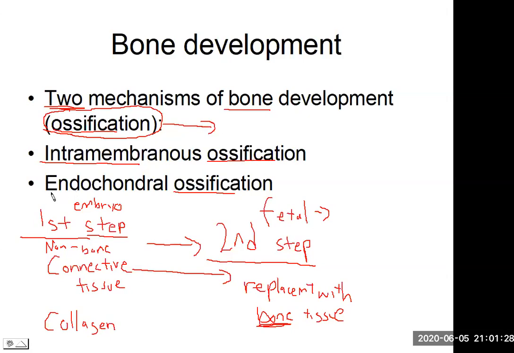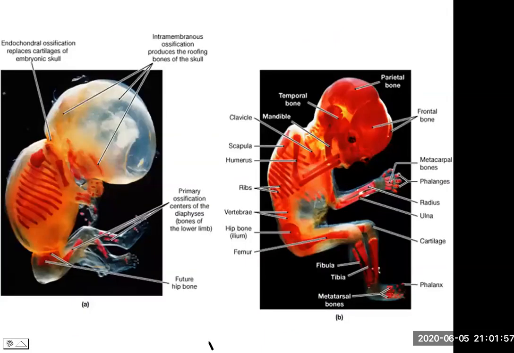Whereas endochondral ossification, as part of the name here, there's the formation of cartilage. So cartilage is the original embryonic non-bone tissue. And then over time, that cartilage is broken down and replaced by actual bone tissue. So let's take a look at each of these.